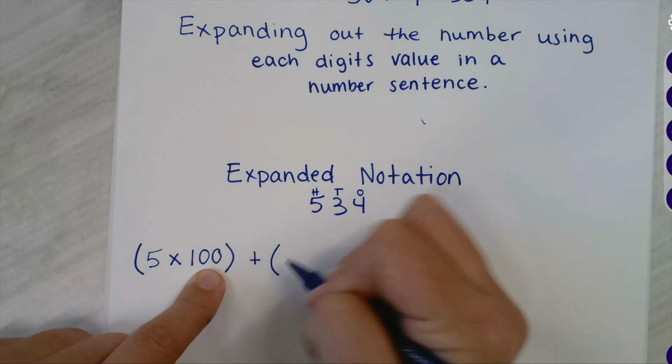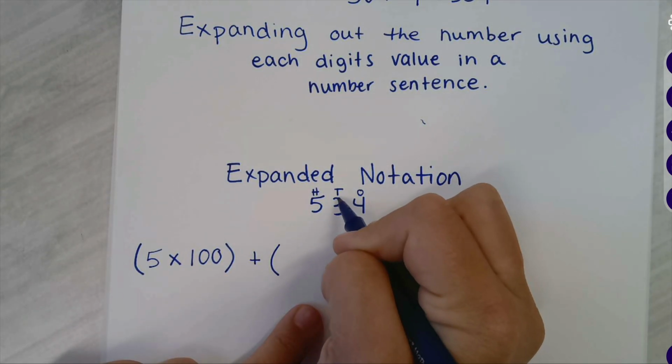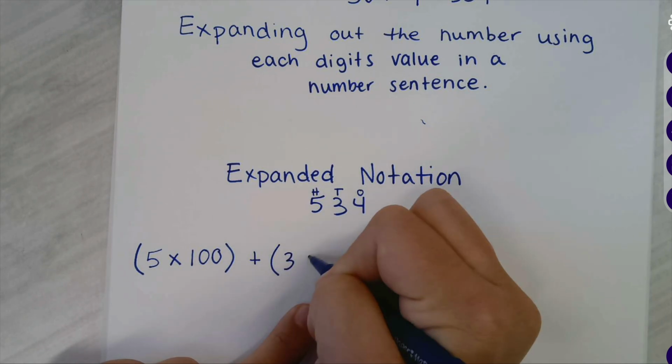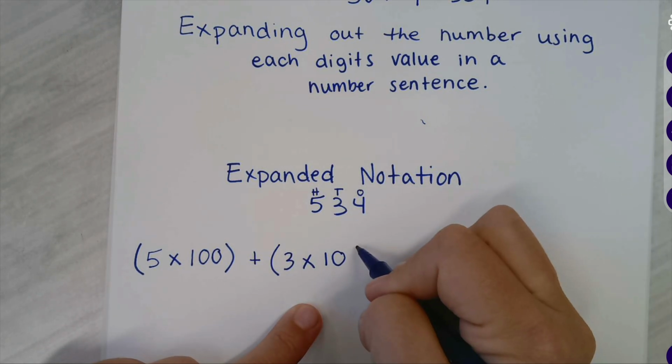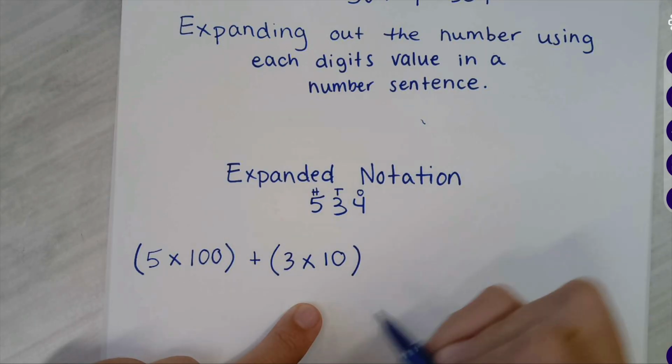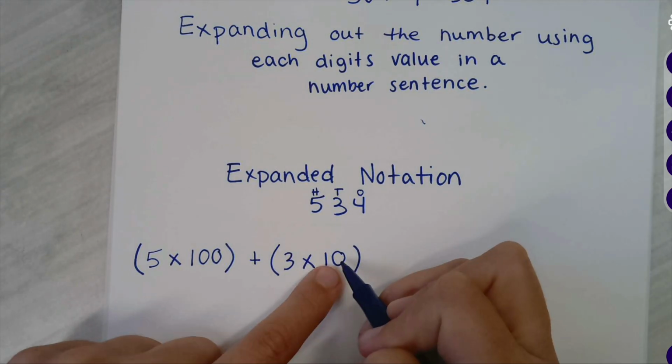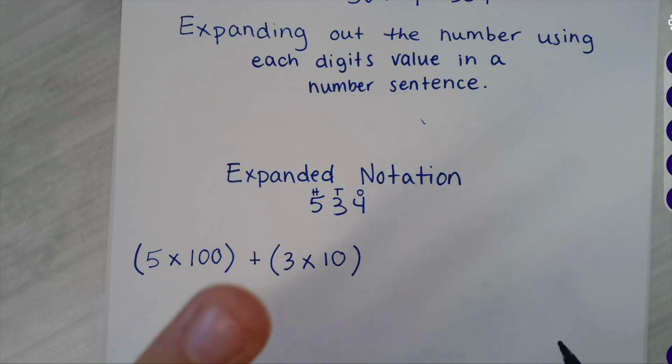Plus, how many groups of tens? We got 3 groups of 10. This means 3 groups of longs. That means I have 3 longs.